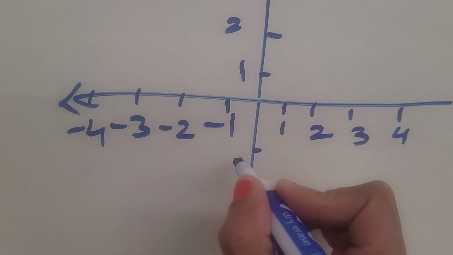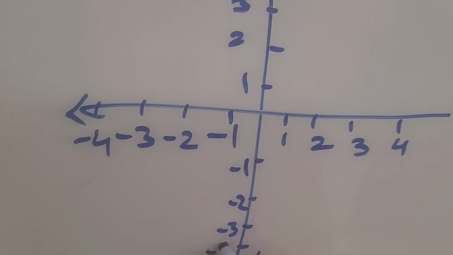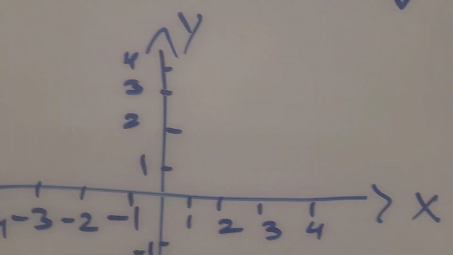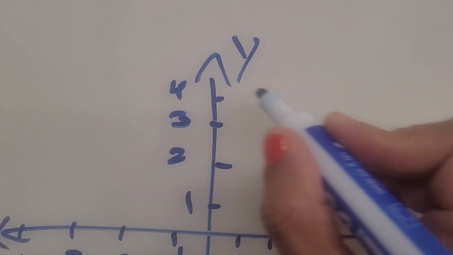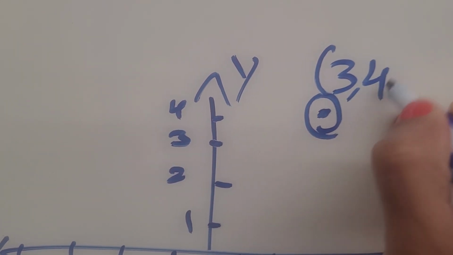This is the negative y-axis, which is minus 1 minus 2 minus 3 minus 4. So my given point here is 3 comma 4. So 3 on the x-axis and 4 on the y-axis. My point is this much. So I'm writing it as 3 comma 4.